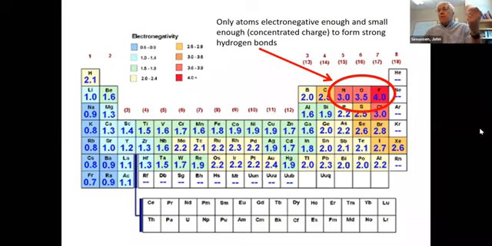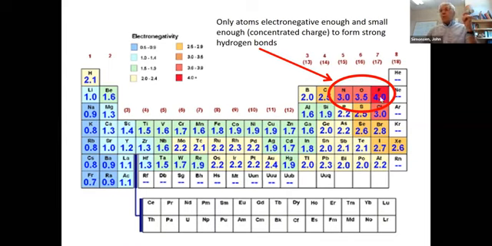This does not mean that there is no hydrogen bonding between other elements. There is. It's just a lot weaker, right? You can have a CH bond and another CH bond and get hydrogen bonding between the hydrogen and the carbon. It's just a lot weaker, that's all. And so the hydrogen bonds that are strong enough to make a difference in wood and in wood adhesion are with nitrogen and oxygen.